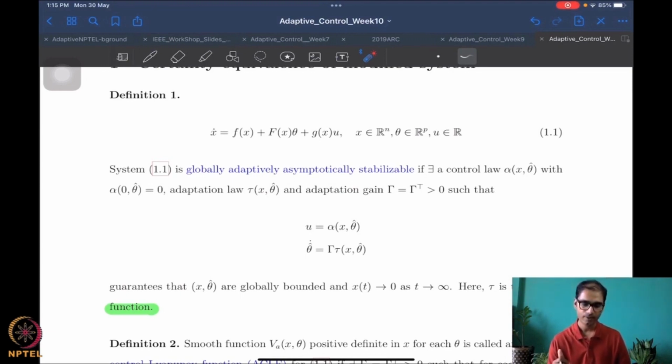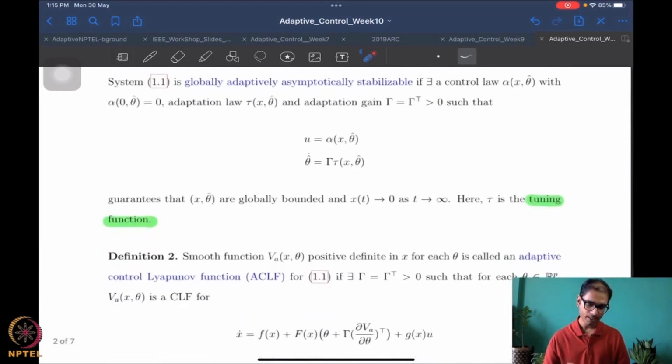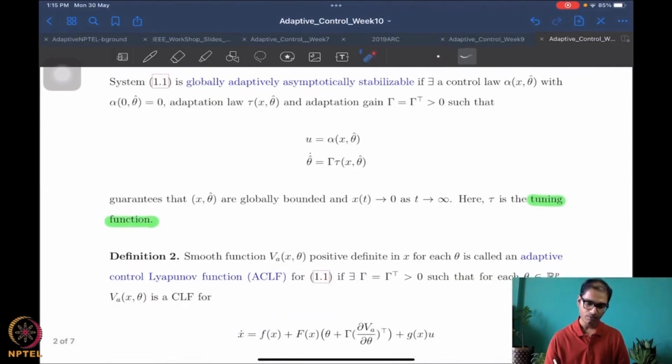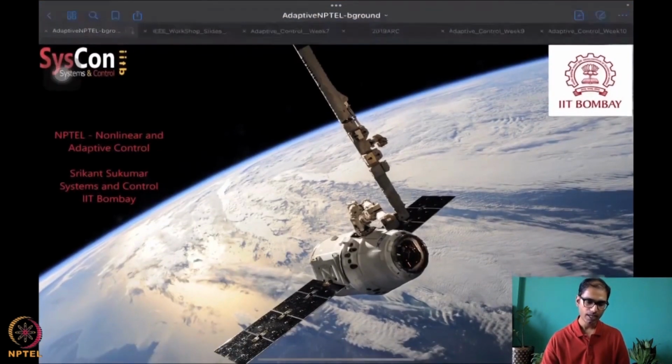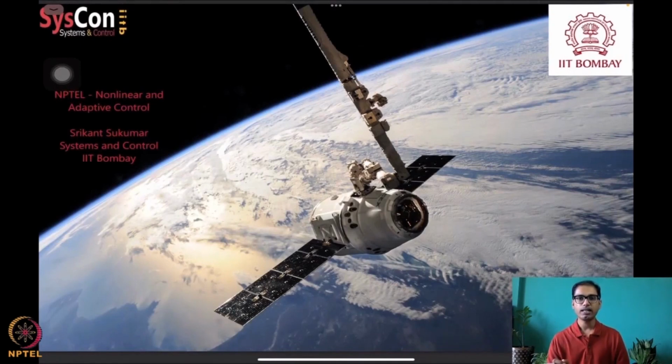So what did we look at in this session? We had already done the unmatched adaptive control design via the standard adaptive integrator backstepping, which leads to two parameter estimates per parameter. We wanted to get rid of this using the extended matching design, and that's what we completed today, with the design and analysis of the same.